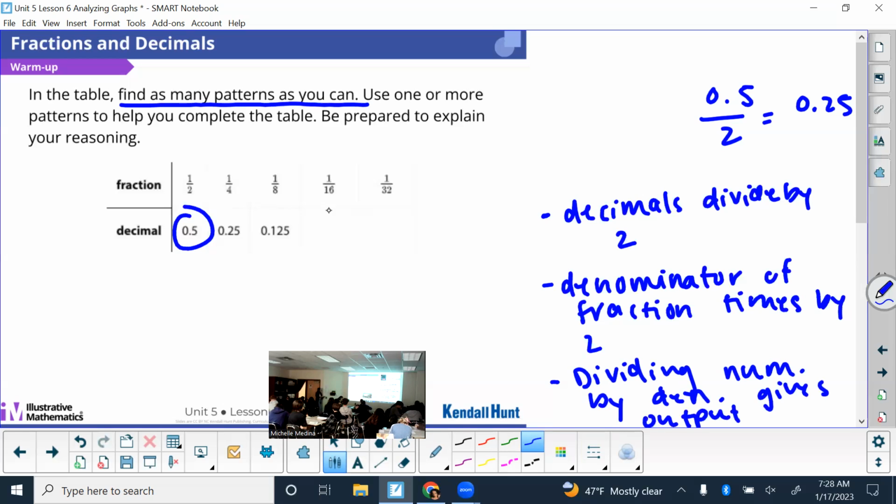So then, class, what would go down here? 0.0625. Okay. And then in this one, what is it? 0.0 what?